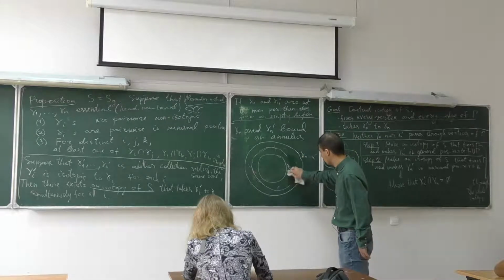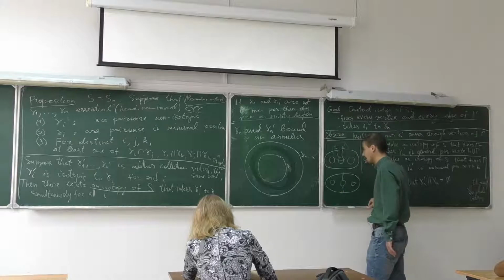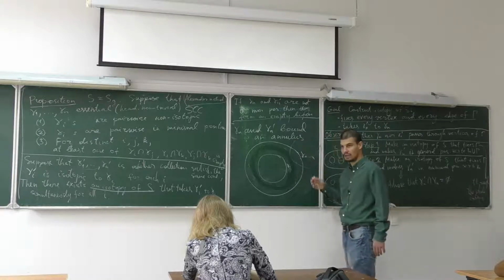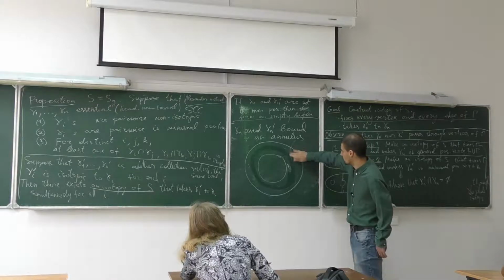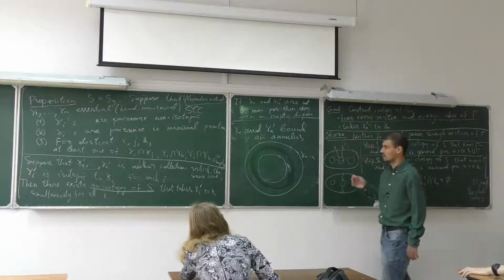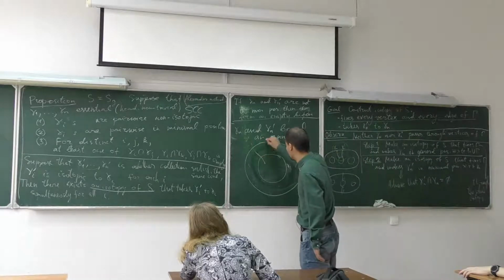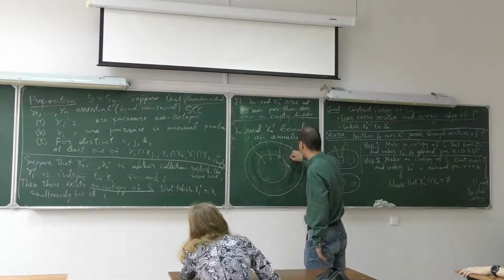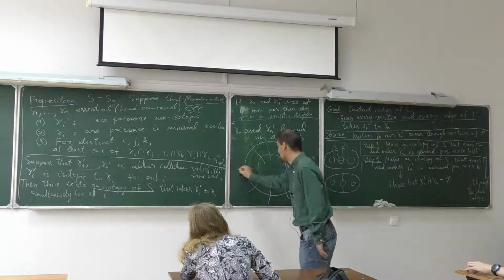And again, we have the same picture. Also, we cannot have bigons like that again because of the minimal position. So the only possibility for intersections of the graph gamma capital with this annulus is that we have several intersections with edges like that.